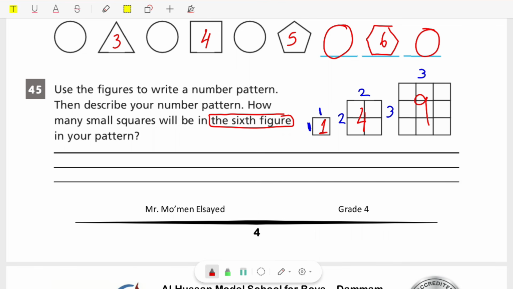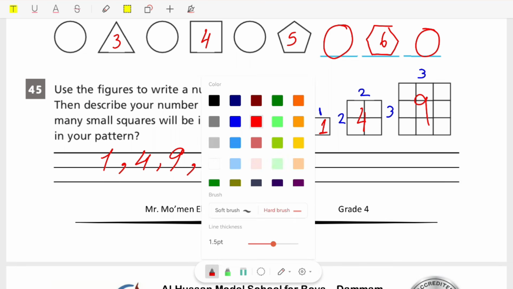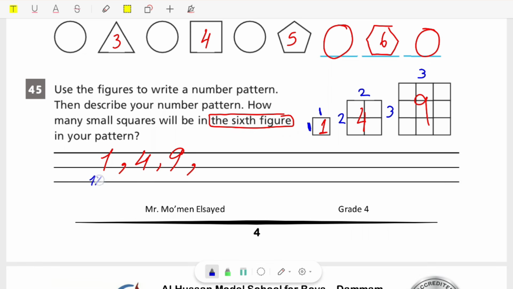If you go with the same pattern, it will be 1, 4, 9. So every term we're gonna multiply by the number of the term. So 1 here is the first term, 1 times 1, here 2 times 2, here 3 times 3.